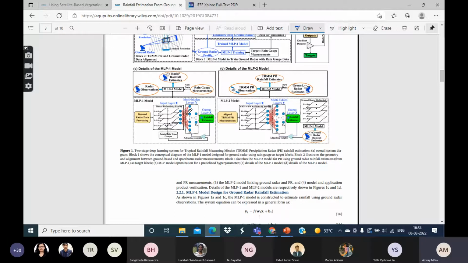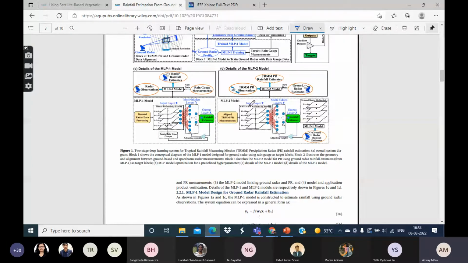And then there are multiple hidden layers which take these images as the inputs, and these are all fully connected layers of a neural network. There can be some particular number of such hidden layers which is not specified here, and then there is the output. Similarly, MLP2 has pretty much the same structure.